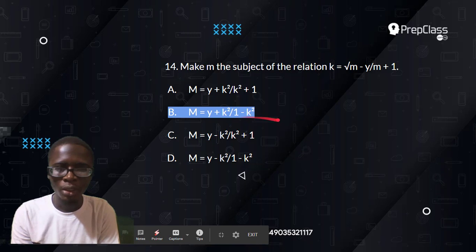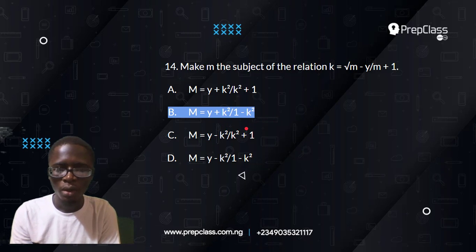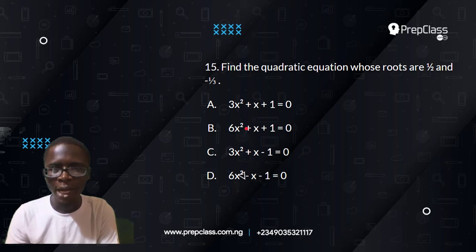So proceeding to the last question in this video, it says, find the quadratic equation whose roots are half and minus 1/3. So we have the roots of a quadratic equation, and we're asked to find which equation here will satisfy or will have its roots being half and minus 1/3.